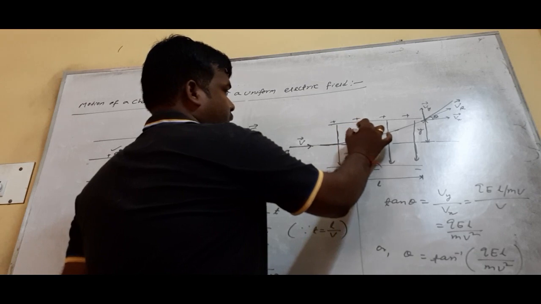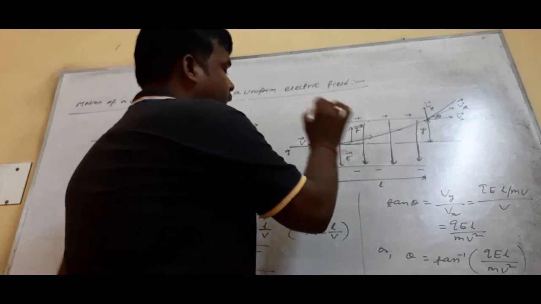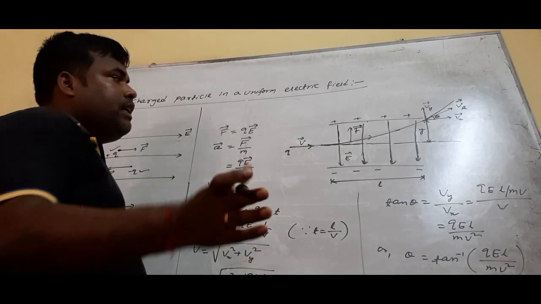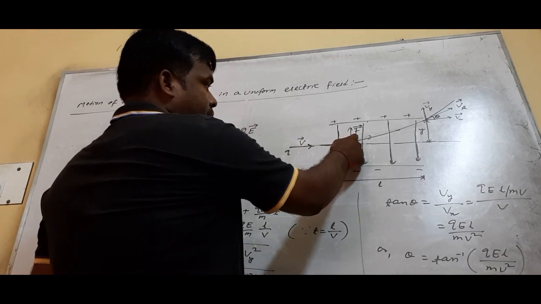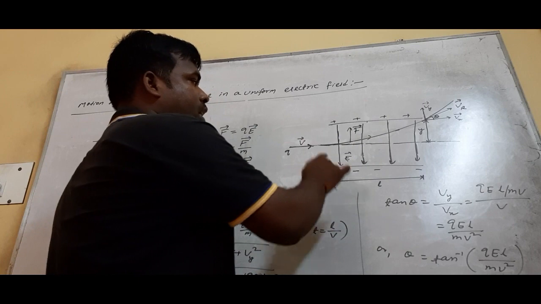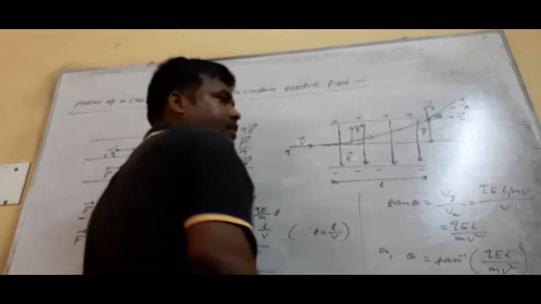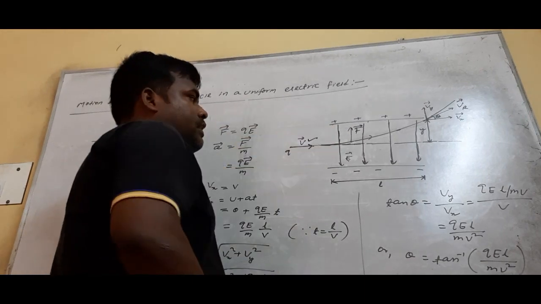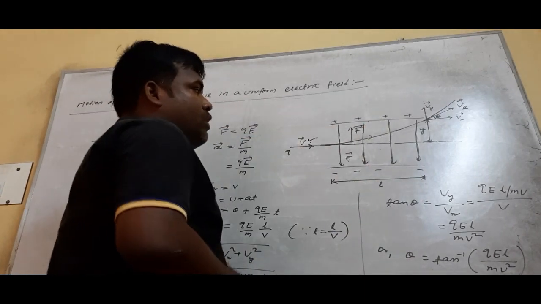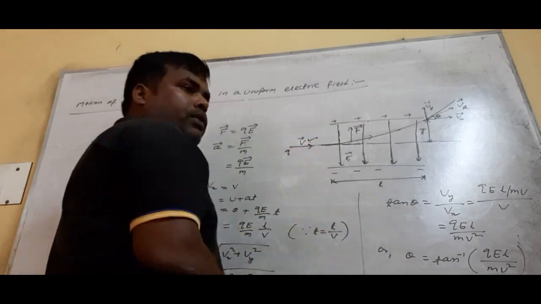This is the force acting upon the charged particle Q, considering Q is negative. As the charged particle gets a force in the upward direction, it moves like this. But we have given the horizontal velocity towards right. In this direction there is no force.